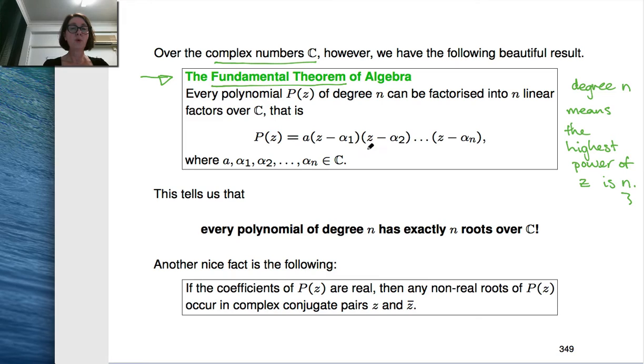So we can always factorise our polynomial into n linear factors in this fashion.